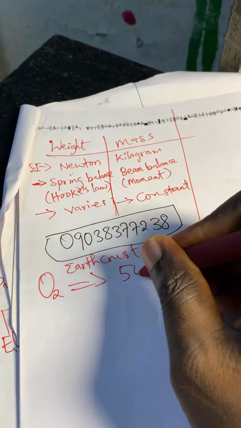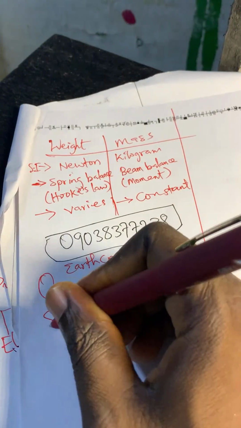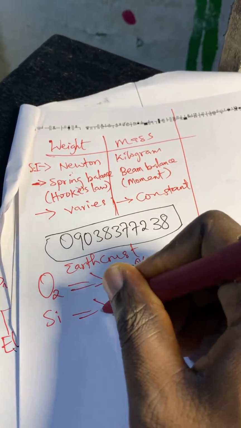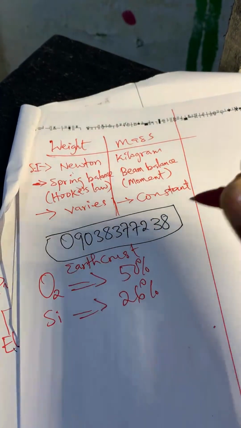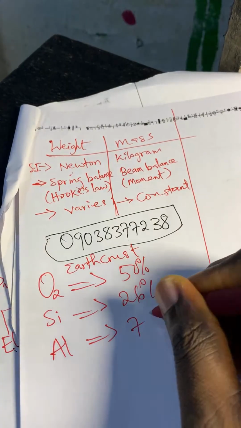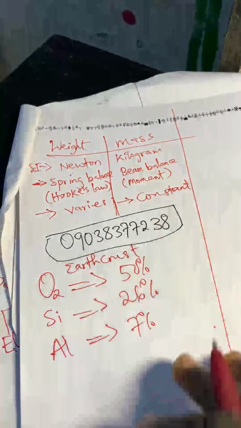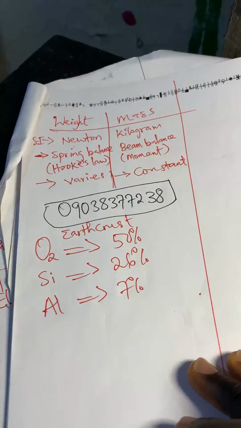Oxygen is 50%. We have silicon, which is 26%. And then aluminium is about 7%. You have seen that chart, except it has changes.